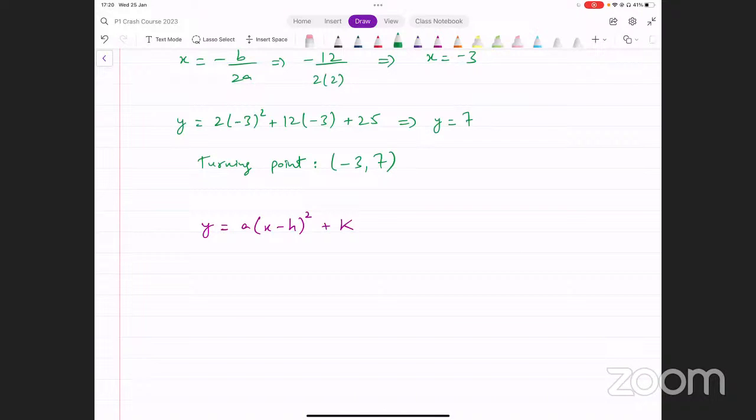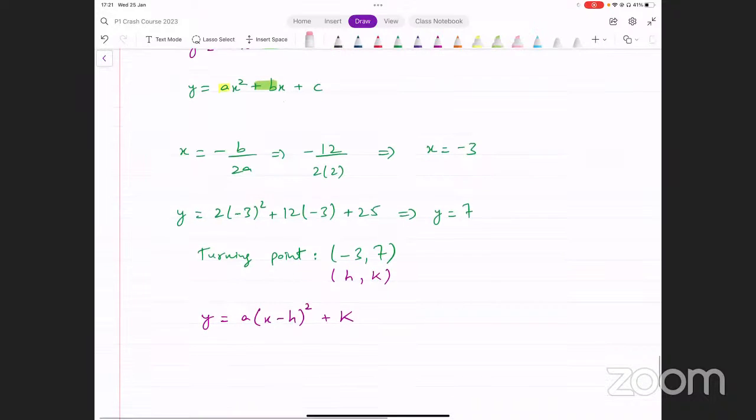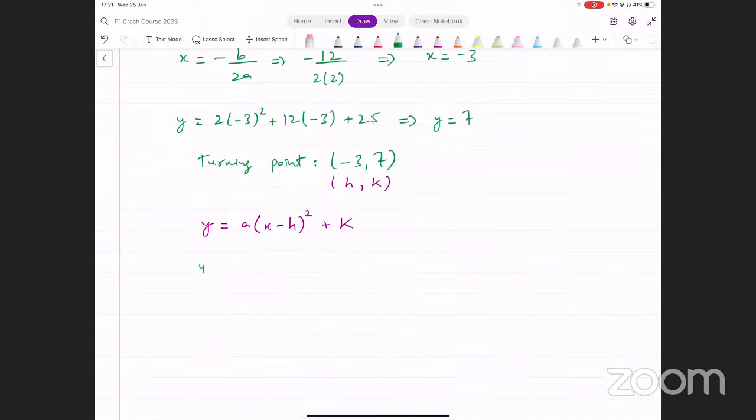Remember what h and k used to be here? The turning point is h and k. All you've got to do is input the values of h and k in this form, and along with a, which is the same as this a here, that's 2.